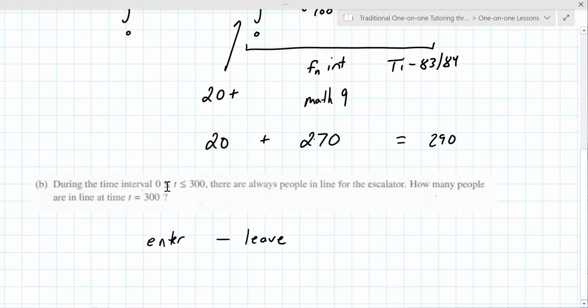From 0 to 300, in part A, we found that there were 290 people entering, but now we have to figure out how many are leaving. If you look back up on your problem, it says that they leave at a rate of 0.7 dt from 0 to 300.